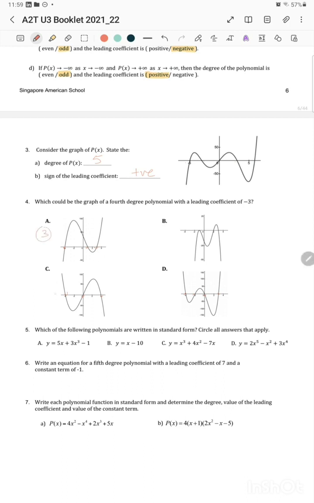It is 3 degree, it is 3 degree, so it is 4th degree, and negative 3 means opens down. So this is the answer.